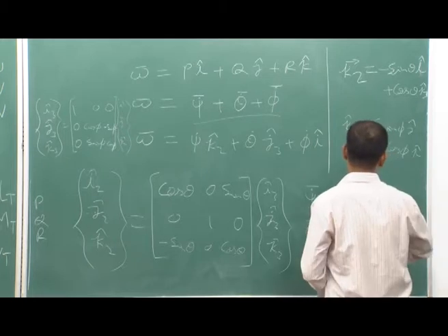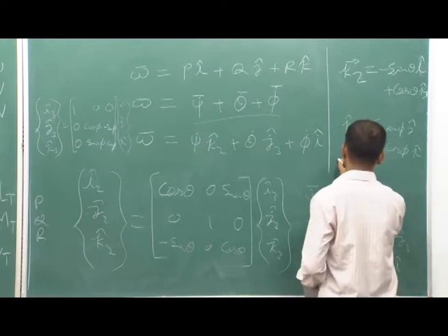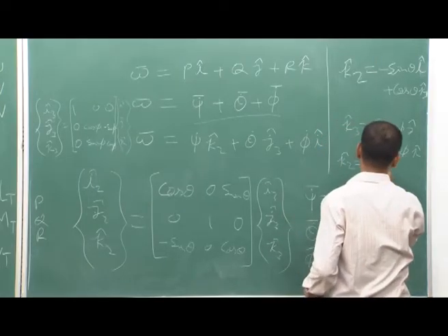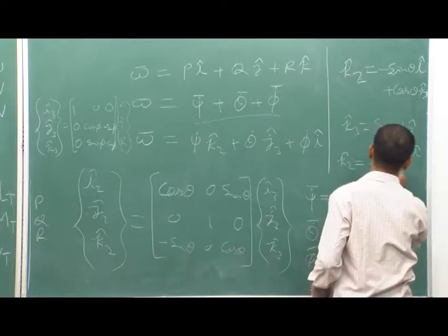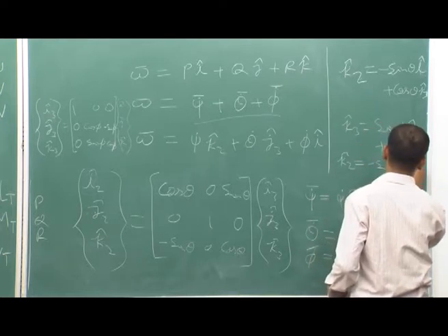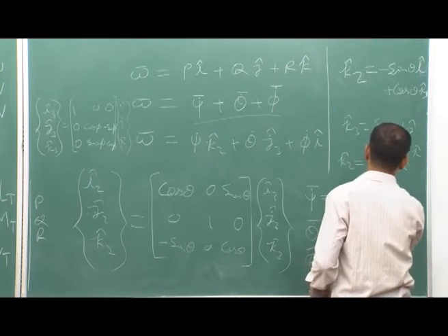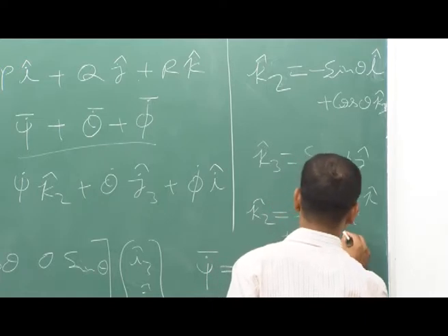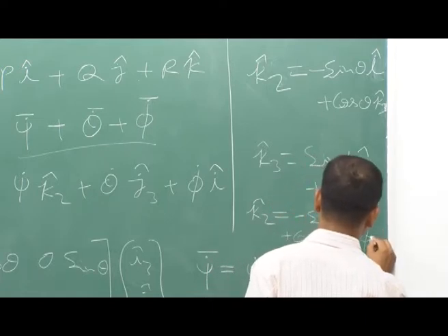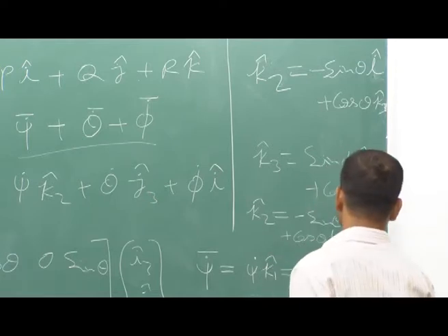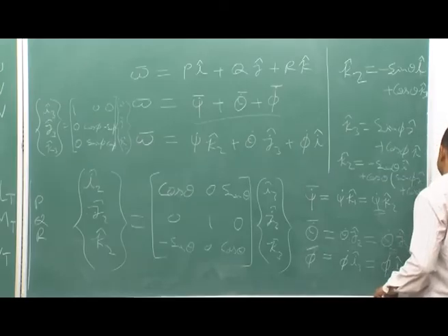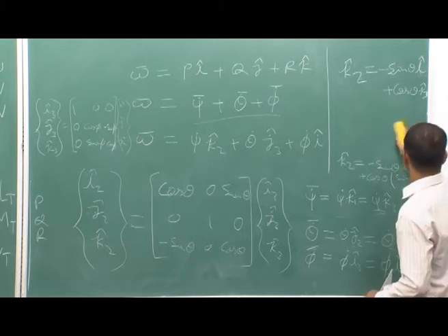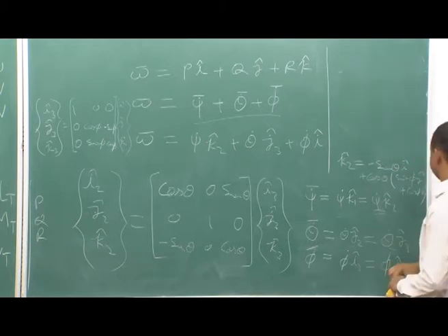And if I substitute it here, I will get K2, this is a unit vector, minus sin theta I plus cos theta times K3, and K3 is sin phi j plus cos phi k. So now I have K2 in terms of I, j and k.